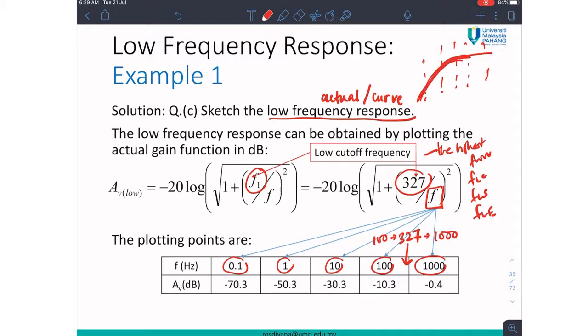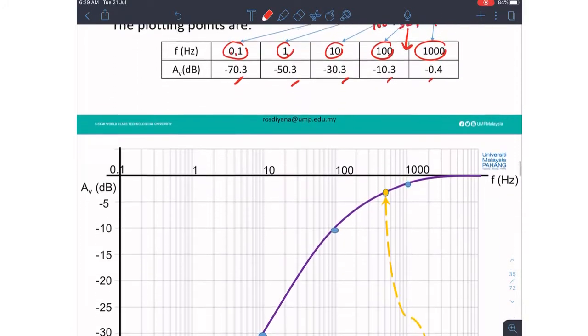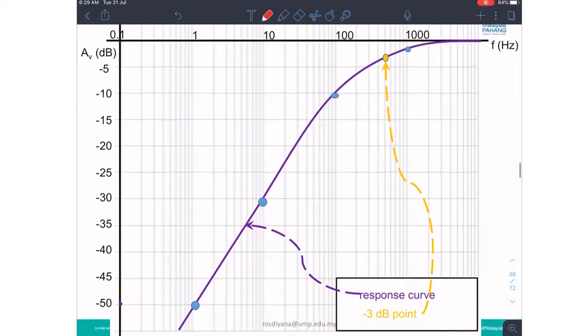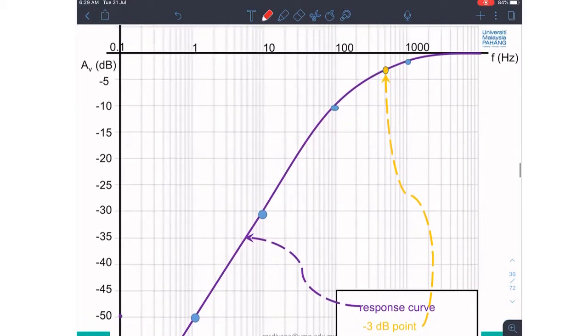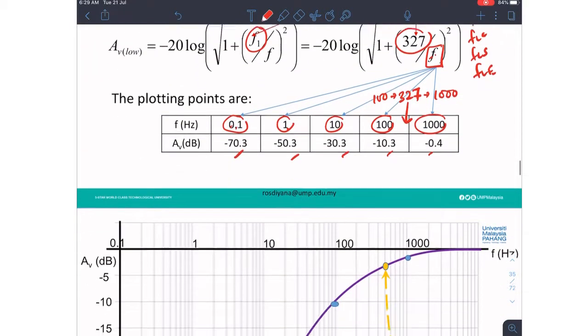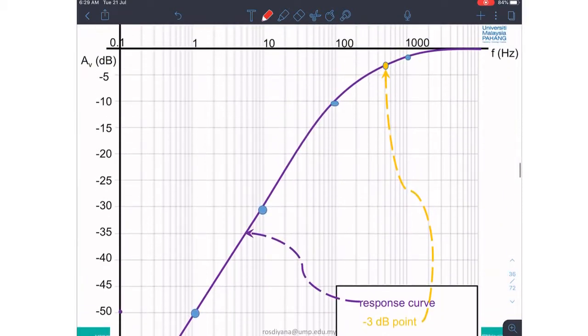My frequency is somewhere here. So when you calculate here, you replace this frequency with 0.1, 1, 10, 100, and 1000. Then you get its value here, and then we plot its value.